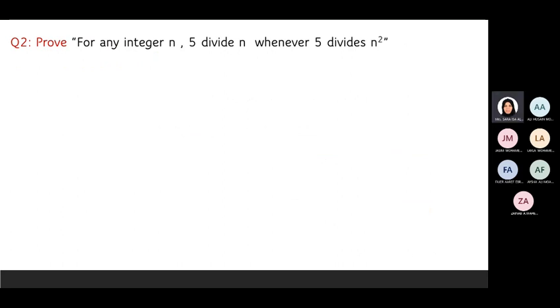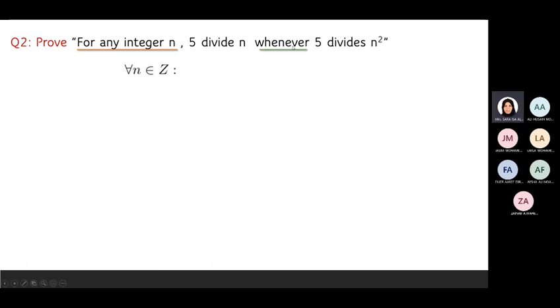This question said for any integer n, 5 divides n whenever 5 divides n square. Again, this is a universal statement for any. كلمة any معناتها this is for all integer n يعني n belongs to Z. عندي هني whenever.